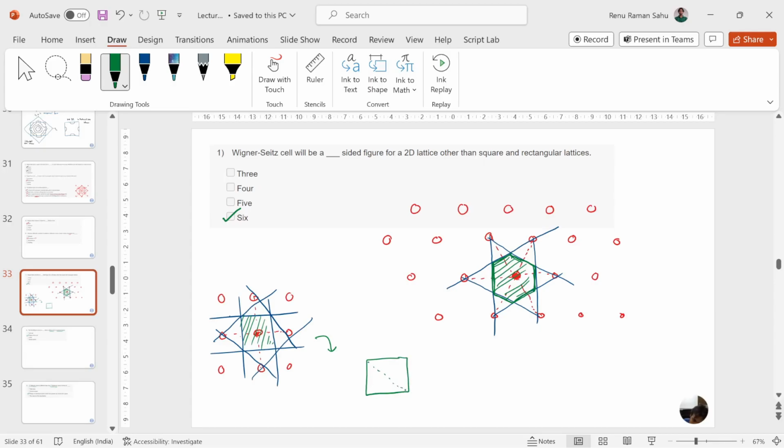Now take this triangle and invert it on this side. That is your second Brillouin zone. Now take this triangle and invert it on this side. This is the second triangle of that Brillouin zone. So this area is the same as this, these two areas. This shows that the total area of the second Brillouin zone is the same as the total area of the first Brillouin zone.